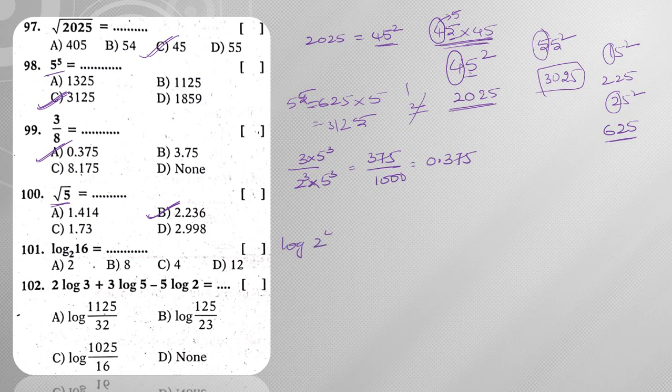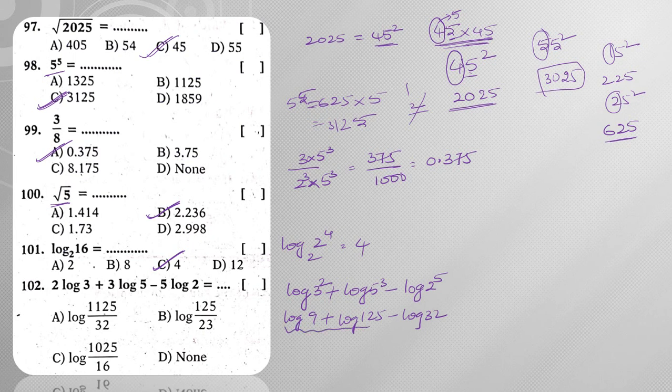So 16 I can write as 2 power 4 to the base 2. Using the power rule, I will be getting the answer as 4. Next, 2 log 3. By using the power rule I can write it as log 3 square, plus, by using the power rule, 3 log 5 I can write as log 5 cube, minus, using the power rule, I can write it as 2 power 5 again. So this becomes log 9 plus log 125 minus log 32.